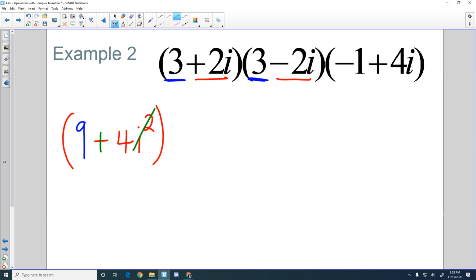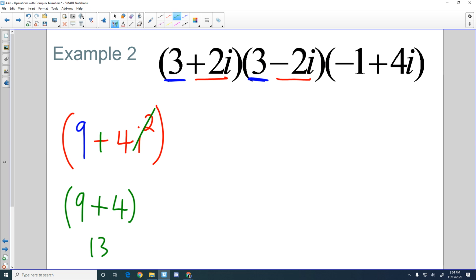So this first term from multiplying gives me 9 plus 4. Wait a minute. There's not even an i anymore? 9 plus 4, I can do that. That's just 13. Holy moly. Well, that was easy. So 3 plus 2i times 3 minus 2i just turns into 13.